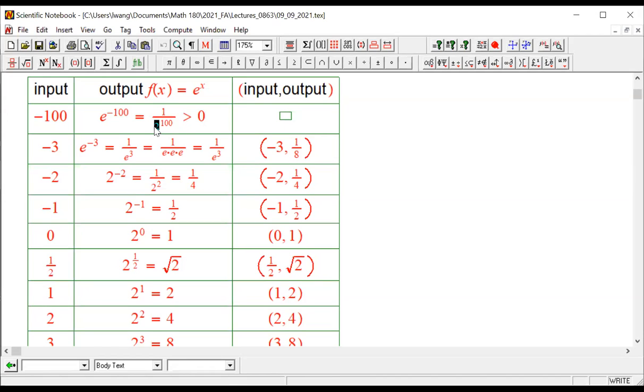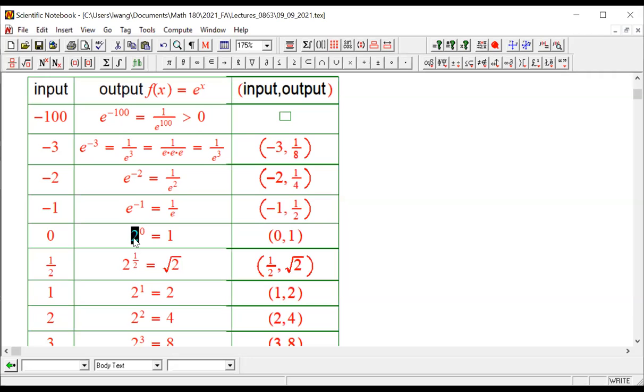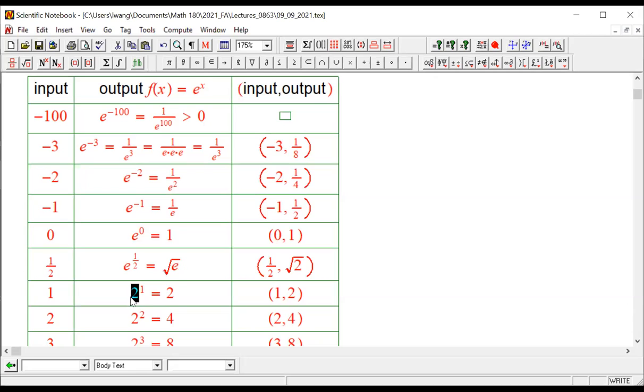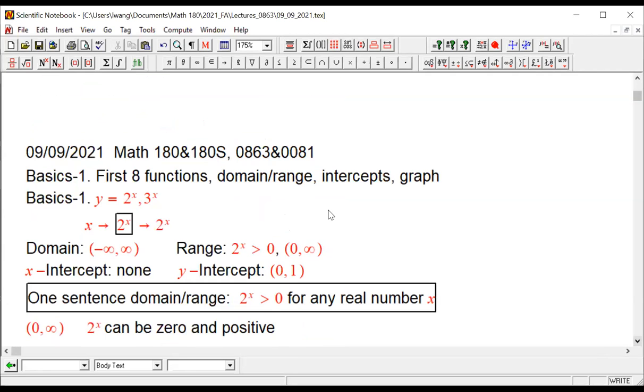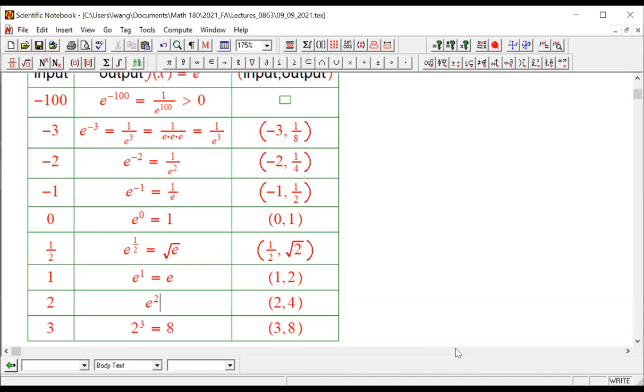So here this is going to be e, this is going to be e squared, 1 over e squared, and so on, e squared, and e to the power 3.